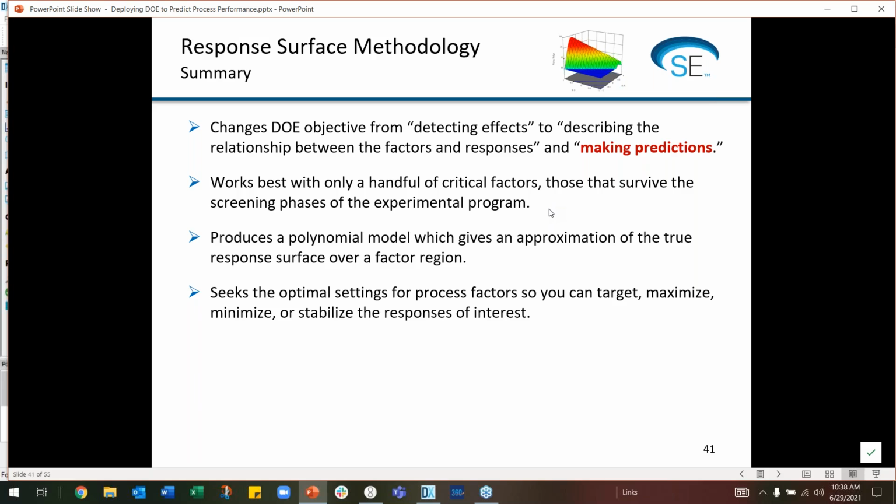Response surface designs are larger than factorial designs, so we usually have narrowed ourselves down to just a handful of critical factors. And we are modeling this polynomial model, whether that's anywhere from a linear to a two-factor interaction to a quadratic model, or potentially even a cubic model if you use the right design. And this is really going to allow us to maximize, minimize, achieve whatever goals we are wanting out of our responses.